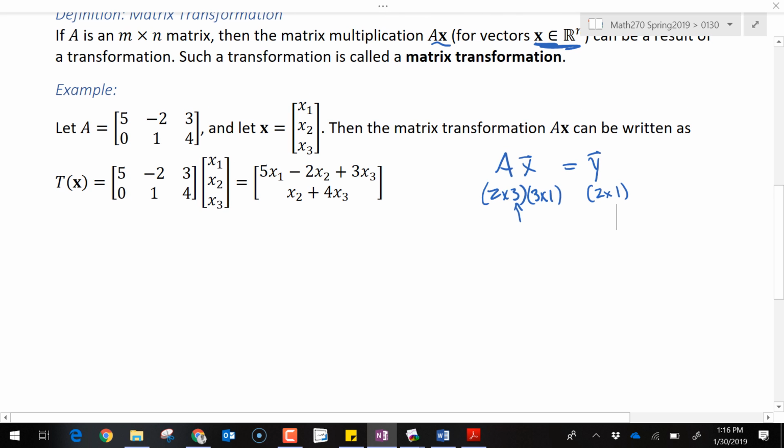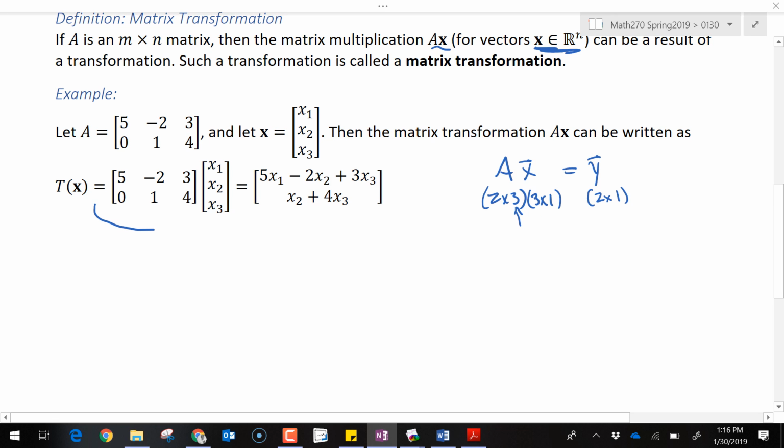Okay, so this matrix idea can make sense now. We can have a matrix transformation, which means we're putting in a vector. This transformation, which we can rewrite as T, takes R what to R what?